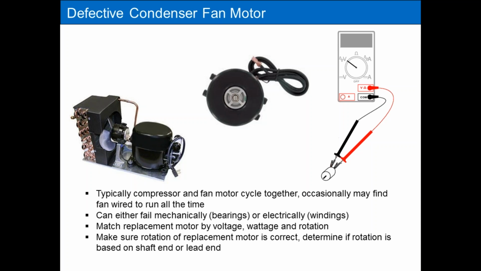And rotation. Clockwise is not always clockwise. Sometimes clockwise is counterclockwise, depending on how the manufacturer looks at their motor for rotation. Are they looking at the rotation from the shaft end, or from the lead end? If it's clockwise viewed from the shaft end, it's counterclockwise looking at it from the lead end.